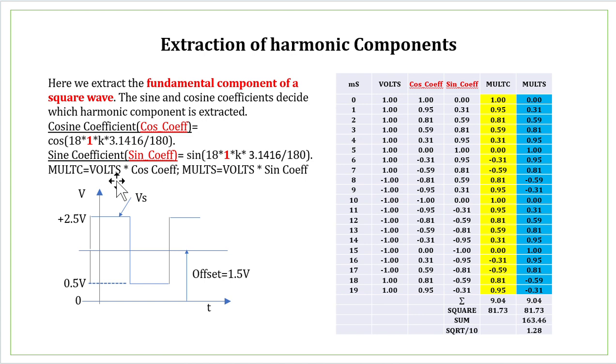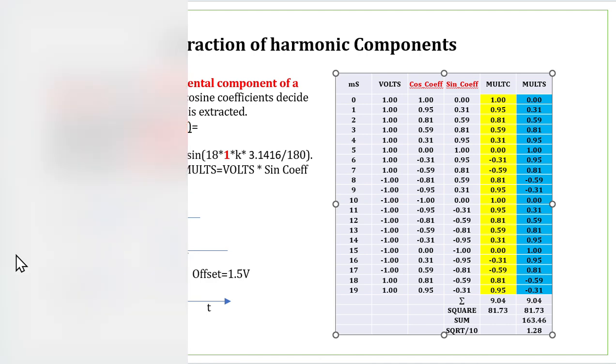And mult-C is volts into cos coefficient, and mult-S is volts into sine coefficient. This is what you get, and this we have just now seen in a bigger chart, that you get 1.28 here. Now let us go to the next slide.